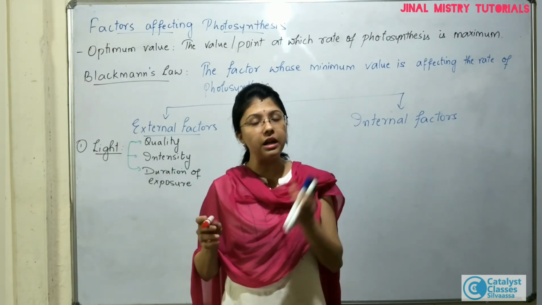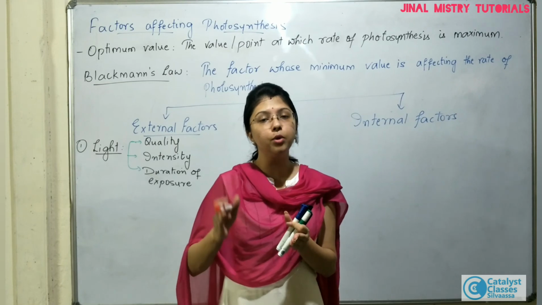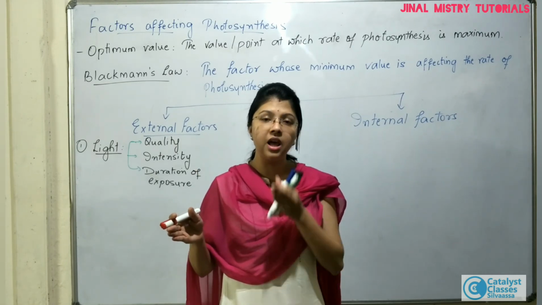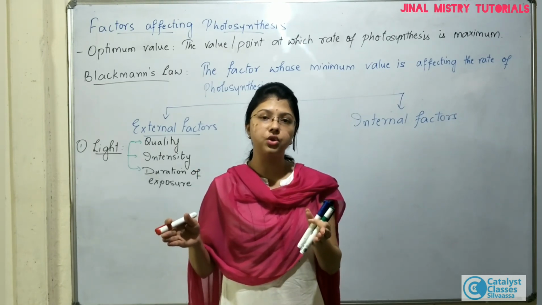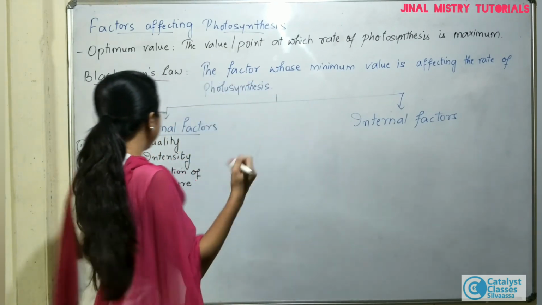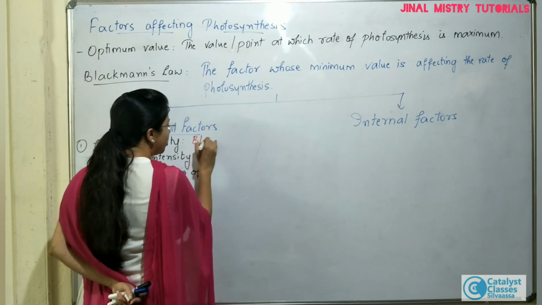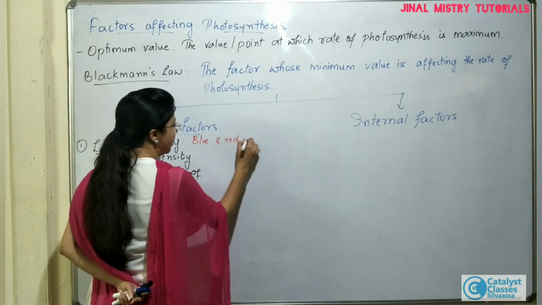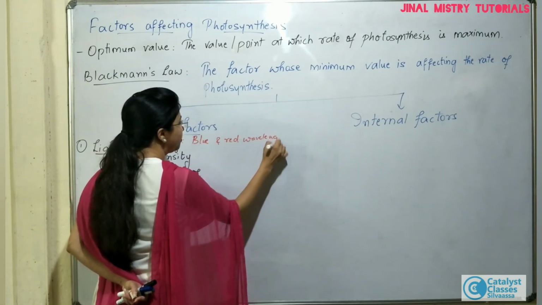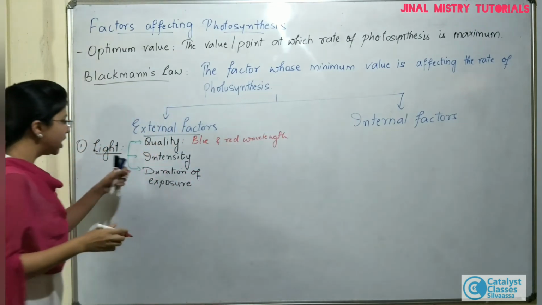If there is only green light available but no blue and red wavelengths, again the rate of photosynthesis will be affected. So remember here, for quality what is required is the blue and red wavelengths of light, which are going to play a major role.